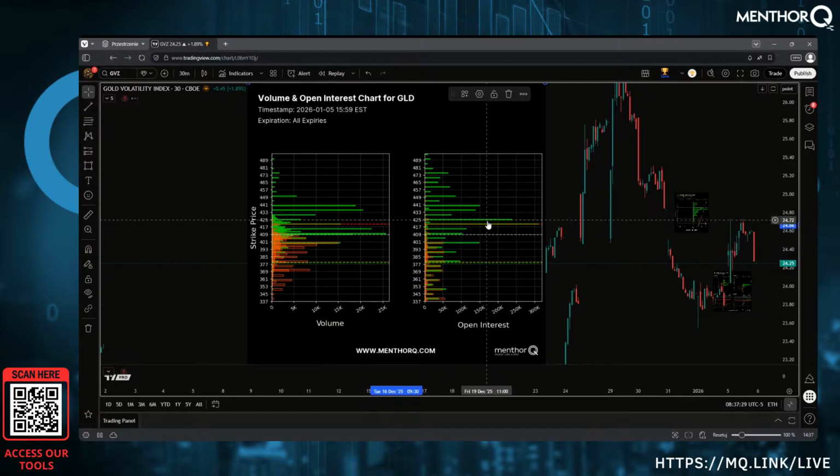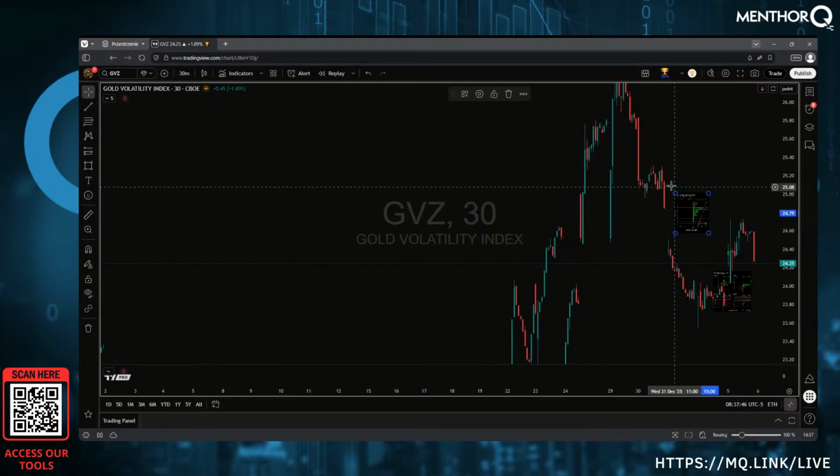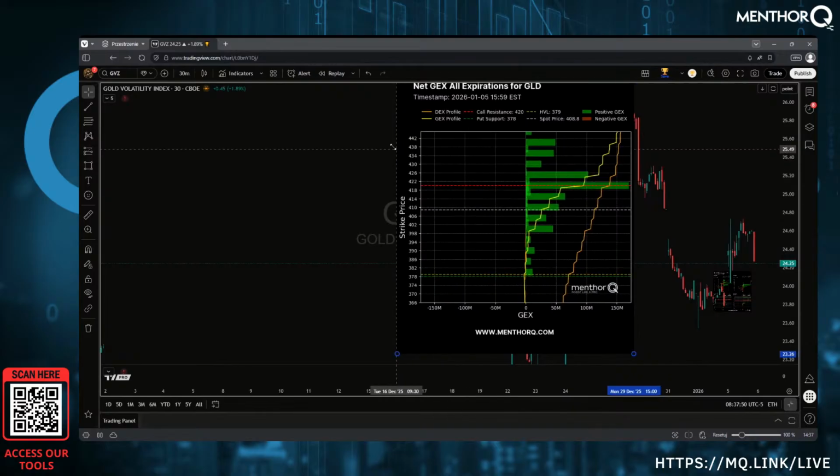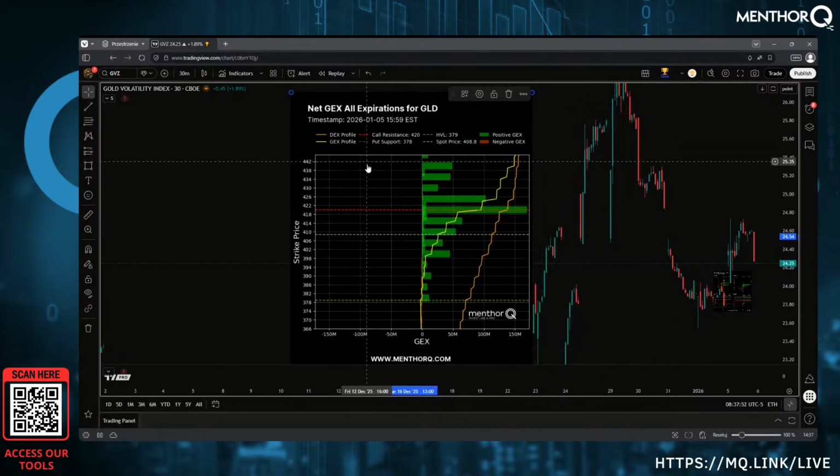Open interest looks similar, with 420 the main strike, 425, later a supporting zone around 430 to 440, and from the downside, 400 round level. So it should be easy to understand how we should look at our GLD. All expirations from a gamma perspective show the main strike around 420, 425.